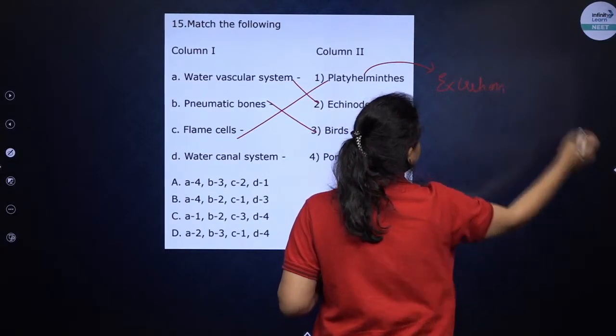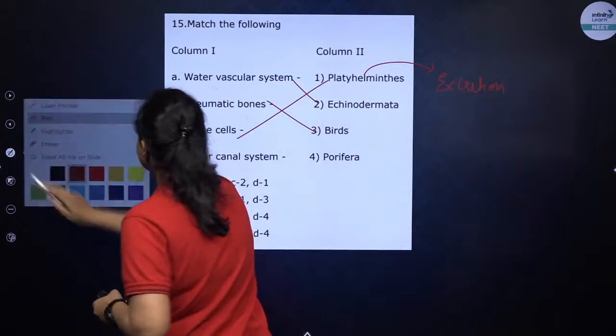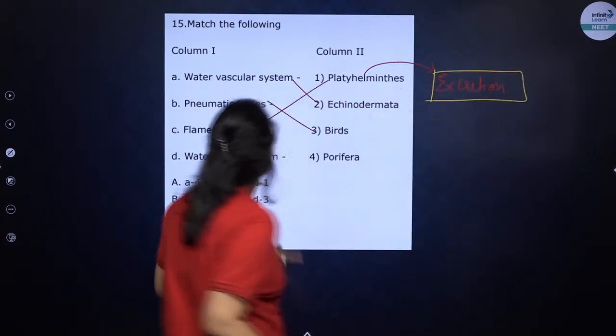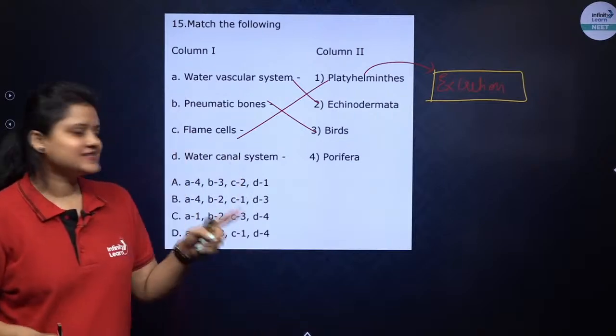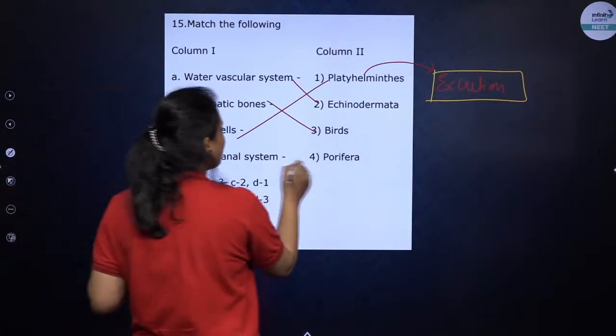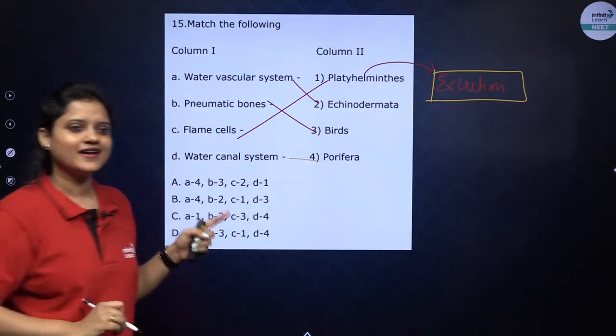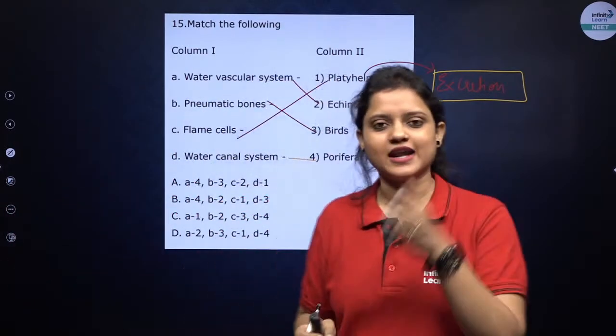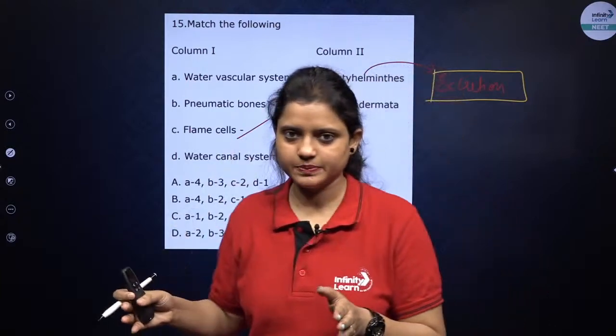It helps in excretion, right? Very important question asked in NEET. Water canal system will be present in porifera. ठीक है, तो याद रखना water canal, don't get confused in water canal system and water vascular system.